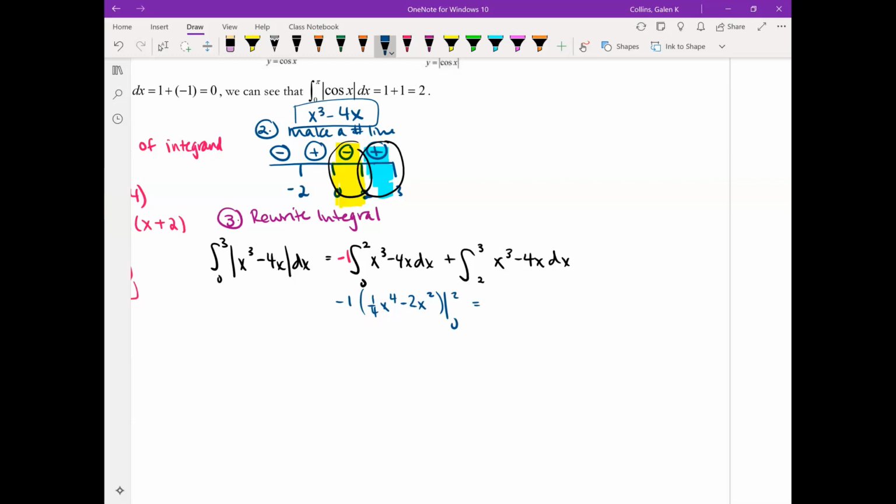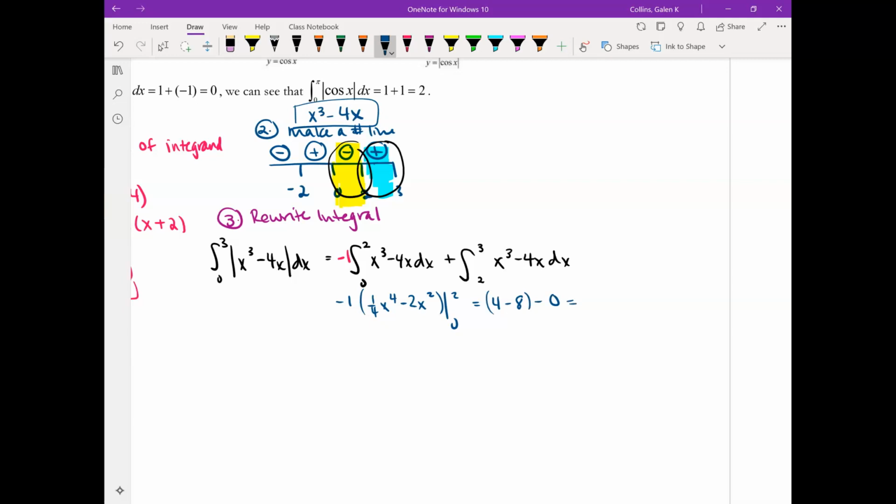So if I do that out to the side, I have 2 to the 4th power. So 2, 4, 8, 16. 16 over 4 is just 4. Minus 2 times 2 squared, so 4 times 2 is 8. And then I'm going to plug in my 0 and subtract that, but I just get 0.